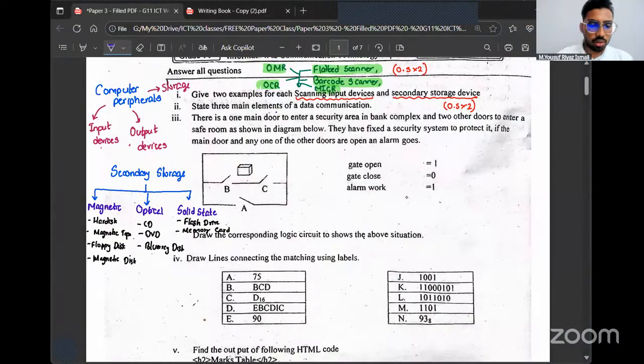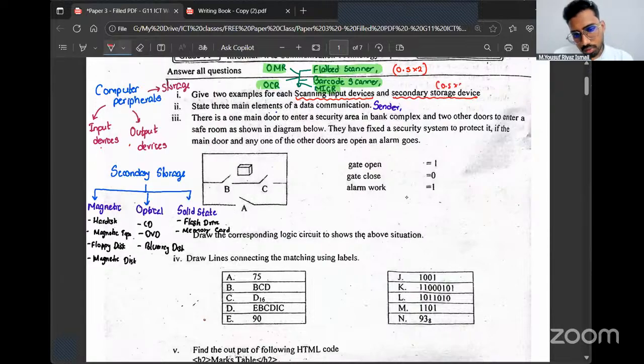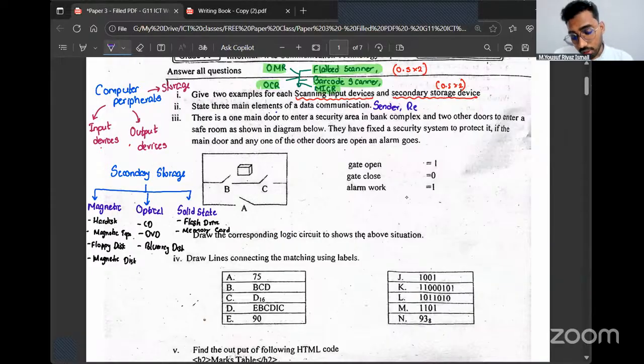Correct. The person who is speaking, we normally call them a sender. How do you call the person who is listening? Perfect. The person who is listening, we call that a receiver.